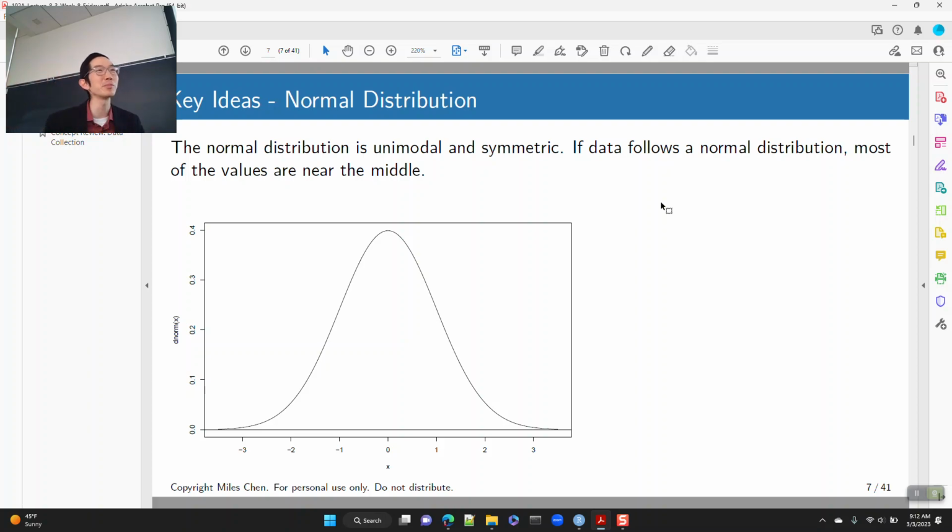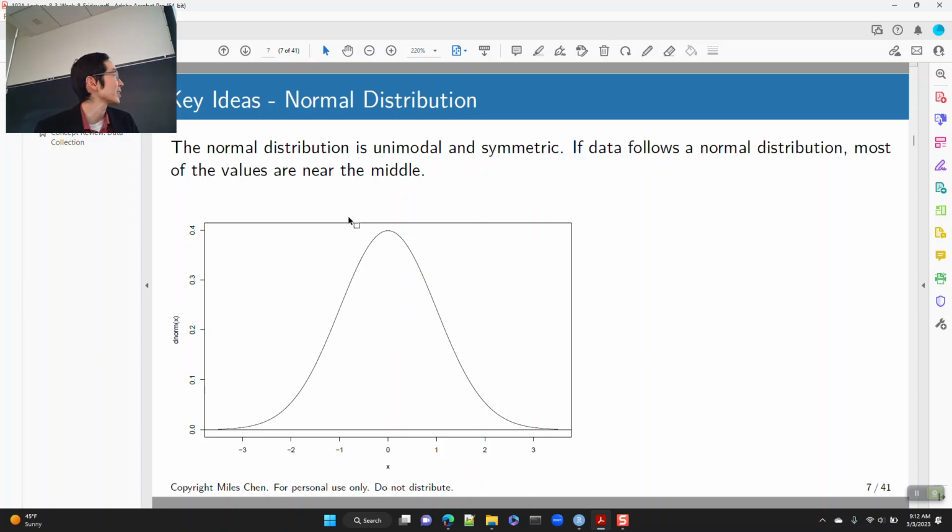You have all of these probability rules and things like that, and then somewhere we say, all right, now we're going to look at probability distributions, and here is the normal distribution, right? This is what it looks like, and we say this thing is unimodal and it is symmetric, and if your data follow a normal distribution, most of your values are near the middle.